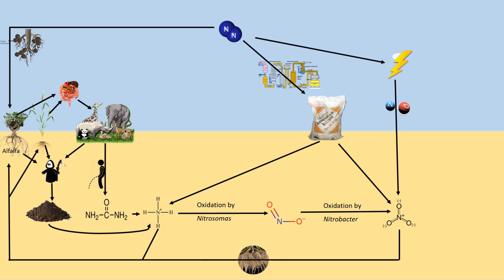Nitrosomonas converting ammonium to nitrite, Nitrobacter converting nitrite to nitrate, and this nitrate can now be taken directly up again by the plant root system. This process I've just described, from ammonium ions to nitrate, is a process called nitrification.